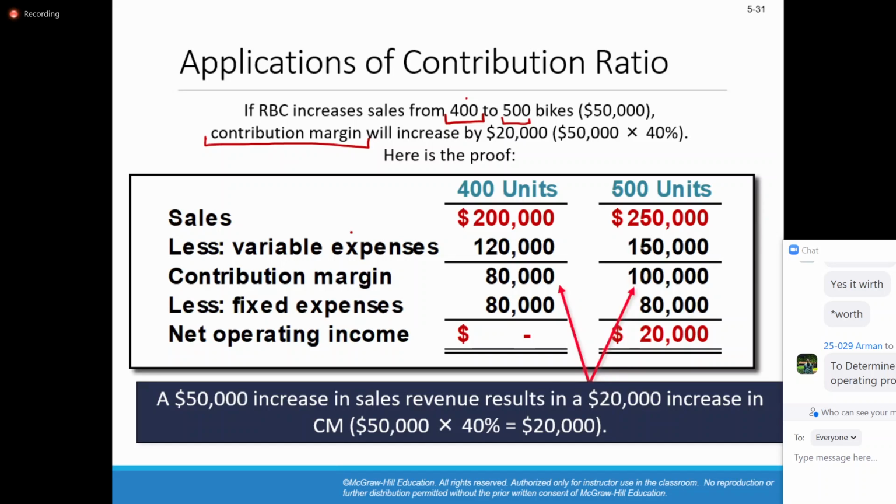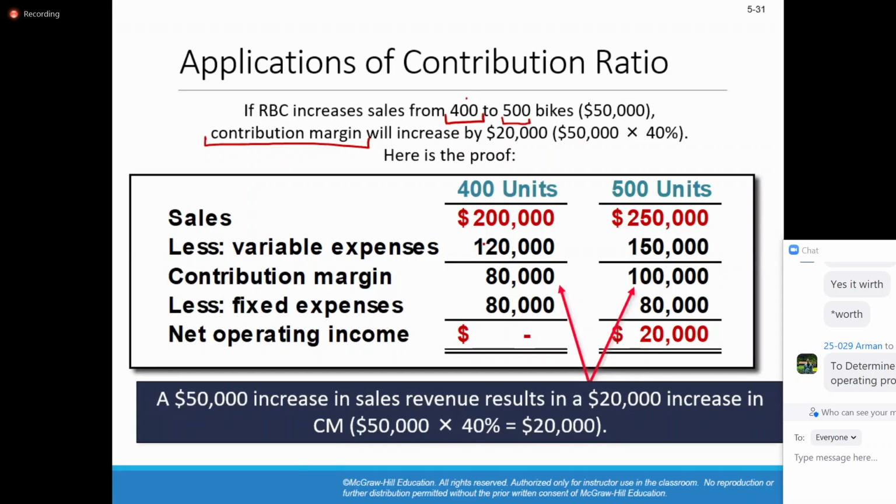Now you see, what will be the increase of our sales for the change in sales units? Note that we have not changed our sales price. And also remember, this is the number one assumption of CVP analysis, that sales price will remain constant.